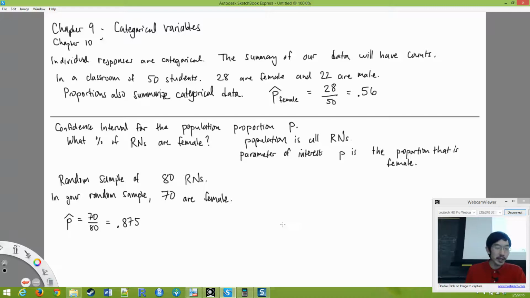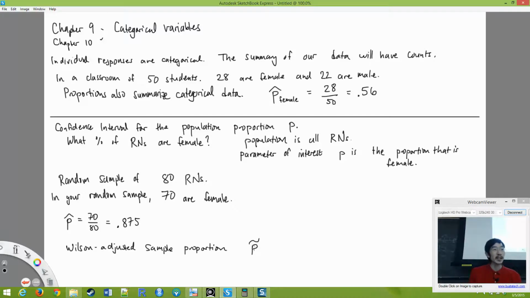When it creates a confidence interval, it doesn't use the traditional sample proportion p hat, it uses something called the Wilson adjusted sample proportion, p tilde.